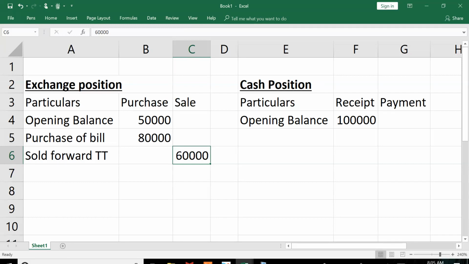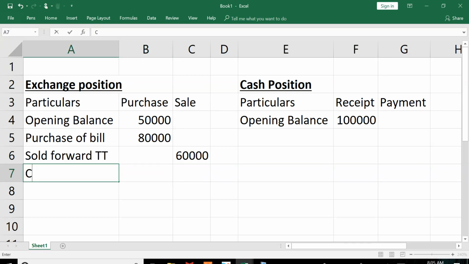From someone I had to buy it. I told him I'm not going to buy, let's cancel it. It's again not going to impact my cash position. From someone I was to buy some 30,000, and I'm now saying, boss, I'm not going to buy it, let's cancel it. Where do you want me to write, purchase or sale? Sale. It's a purchase negative, so it will come in your sale.